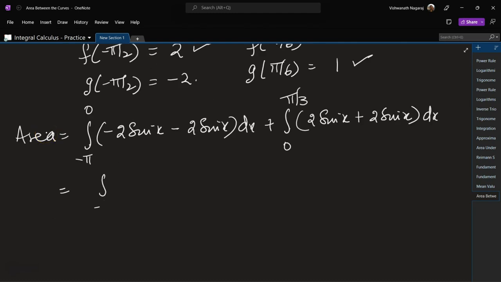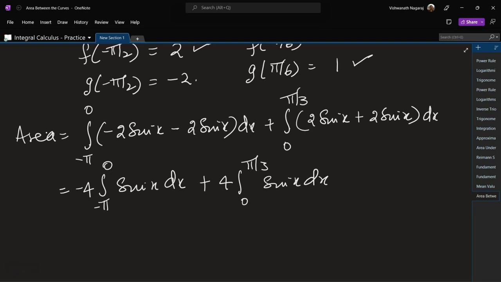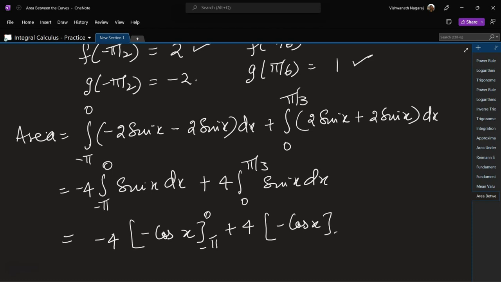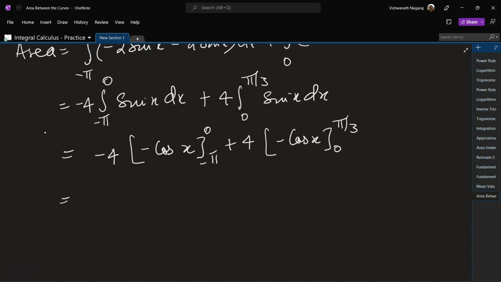Okay, so this becomes the integral from minus pi to 0 of minus 4 sine x dx plus 4 times the integral from 0 to pi by 3 of sine x dx. If we integrate it, we get minus 4 times minus cos x from minus pi to 0, plus 4 times minus cos x from 0 to pi by 3.